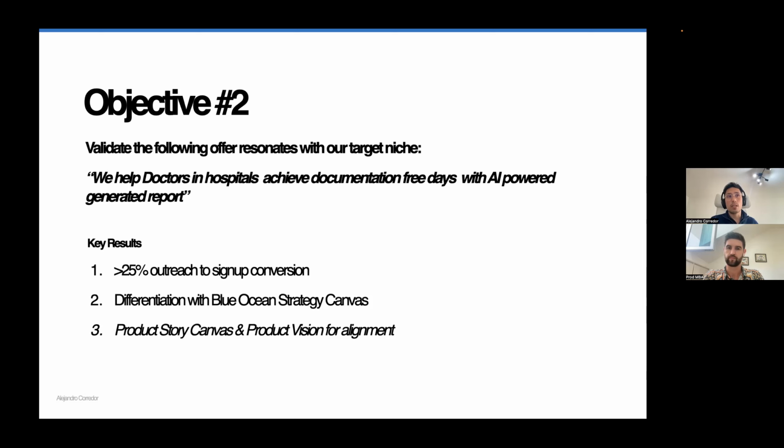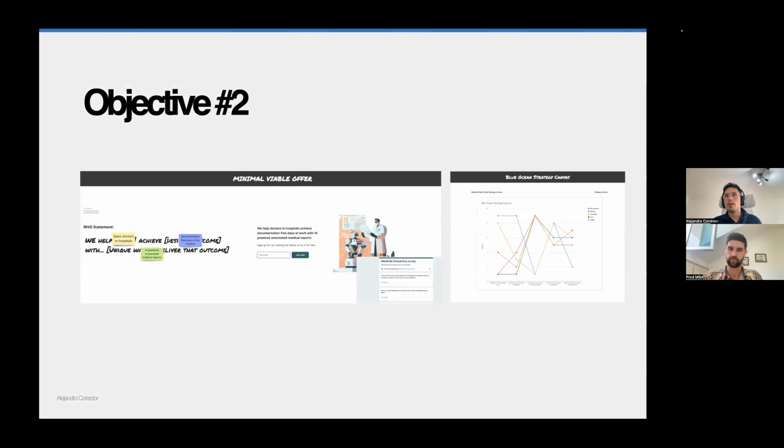And then it is important that we also take into account what competitors we have in the landscape, how we are going to differentiate ourselves, and what will be our product vision and the product story that we want to tell to the users. So given that the time is short, I just wanted to share very quickly how what I mentioned before looked like. We studied the competitors that are in hospitals in Switzerland at this moment and even in Europe.